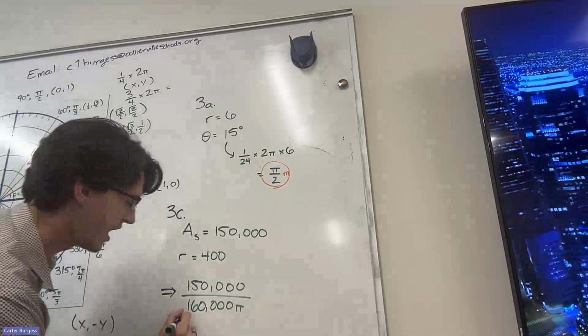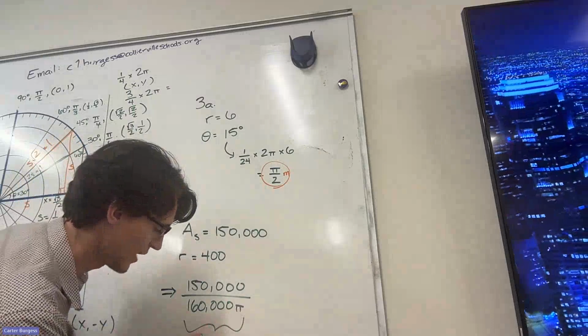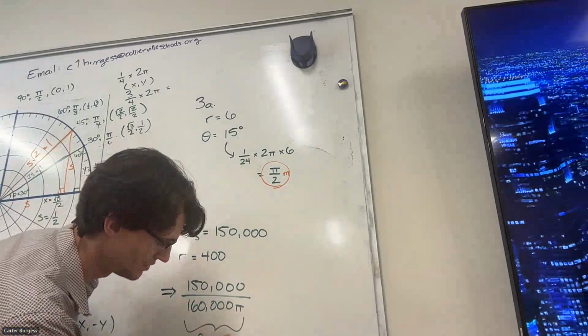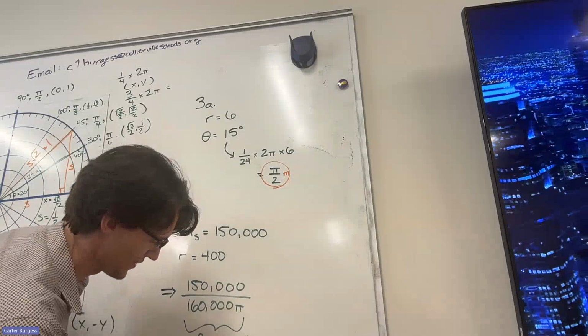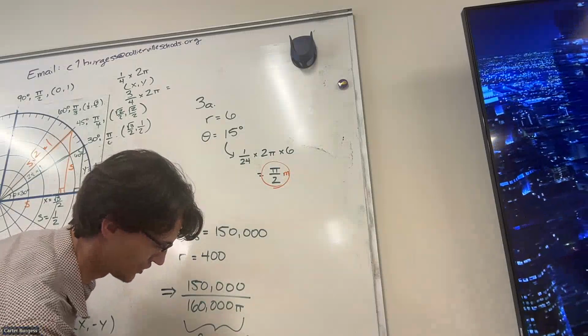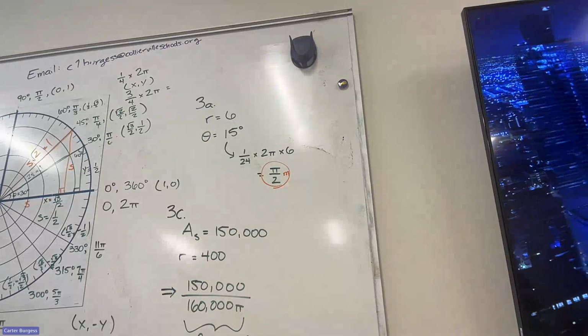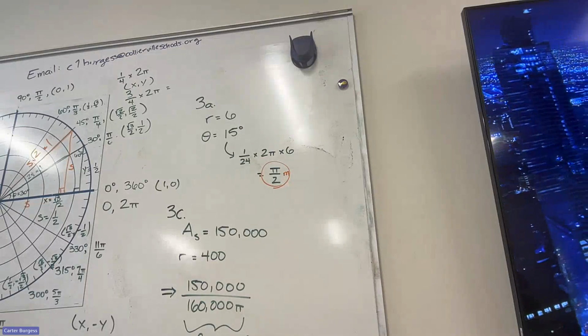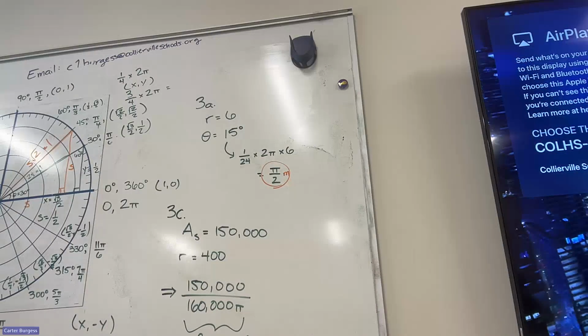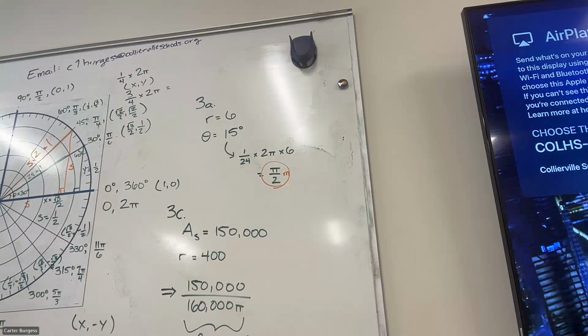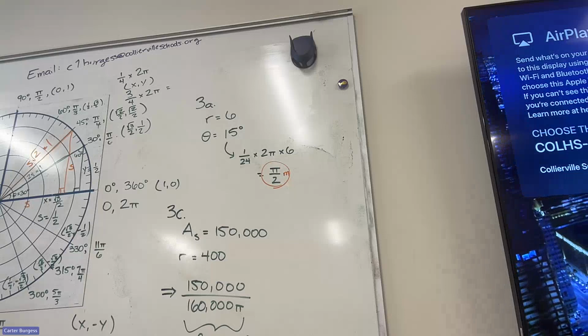So again, this is my fraction of a full circle. How far away am I from covering the full area? I've got it's about 30%. Plug it into a calculator. How'd you get 160,000?